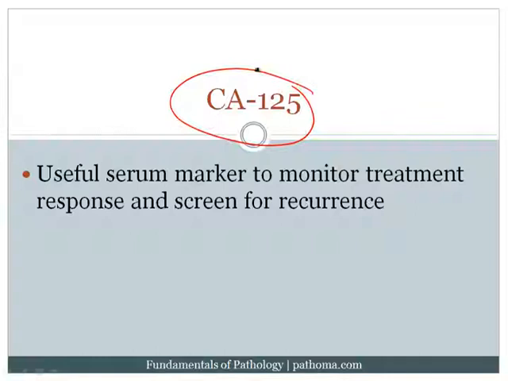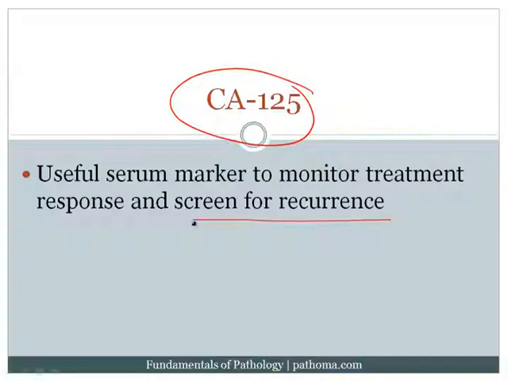So for example, if a patient has a surface epithelial tumor and the CA125 is high, once it's removed surgically, the CA125 should again go down and should decrease to 0. So that's one important way by which we could use the CA125. And another important way is to screen for recurrence.